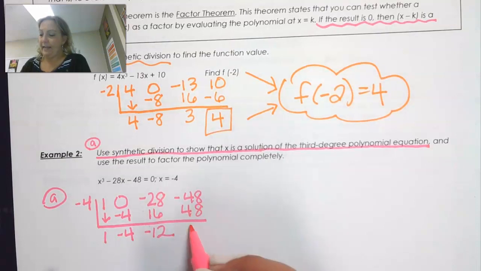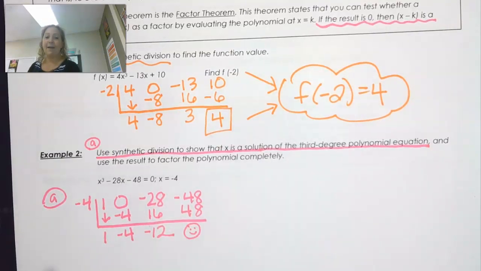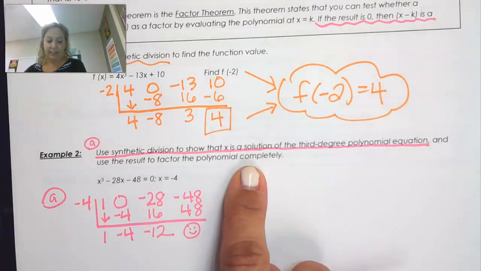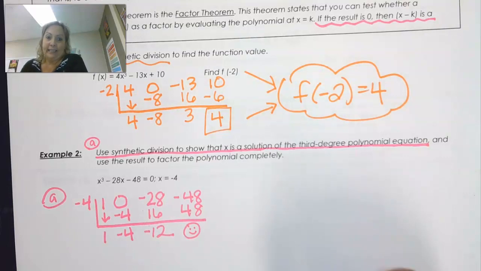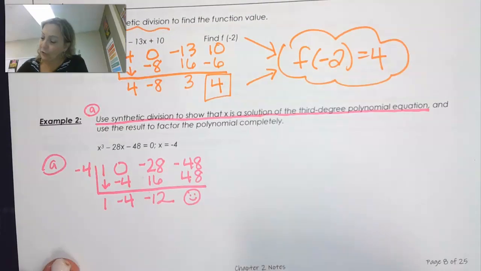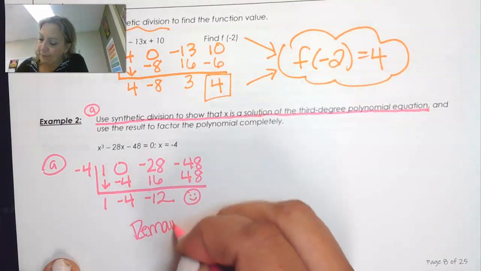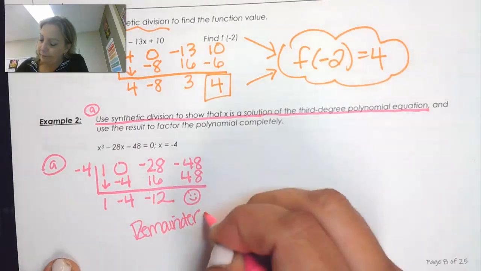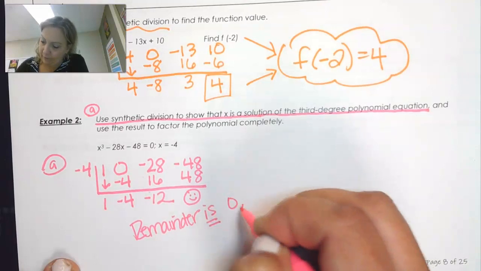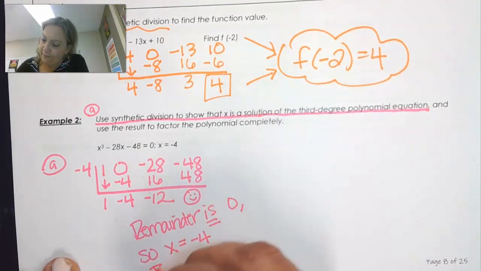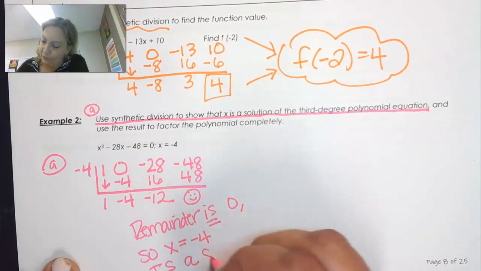Multiply and add. And happily, it works. In letter A, it's asking us to show that this is a solution. So this is what shows it: the remainder is 0. So x equals negative 4 is a solution.